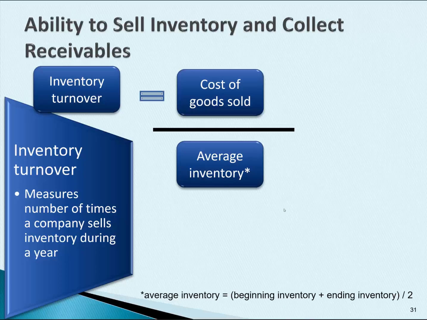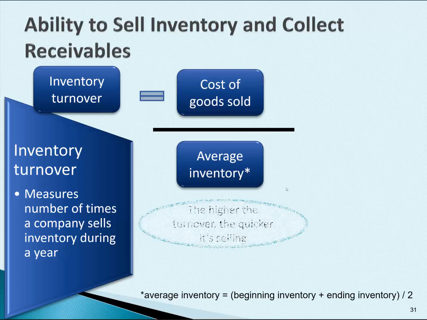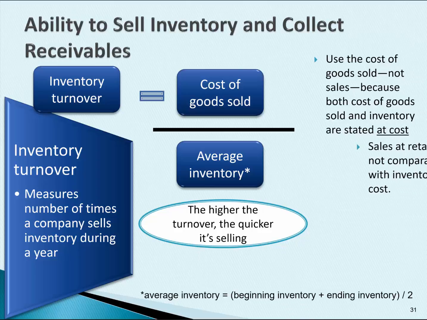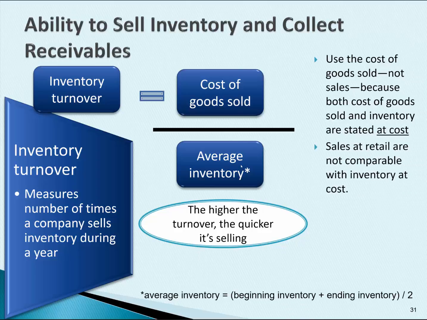So do you want a high number or a low number? You would prefer to have the goods that you sold, the number on top, to be very high compared to your average inventory. So higher is better. And the reason cost of goods sold is used on top is because inventory, the number on bottom, is at your cost.